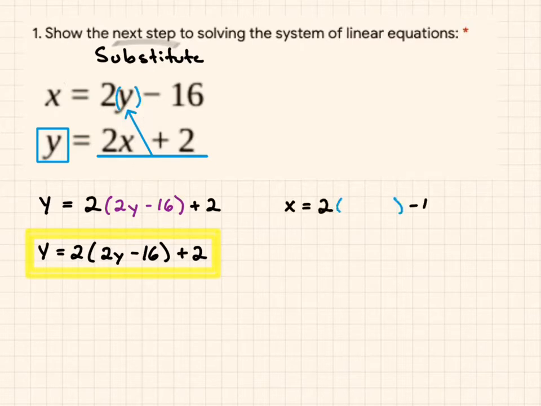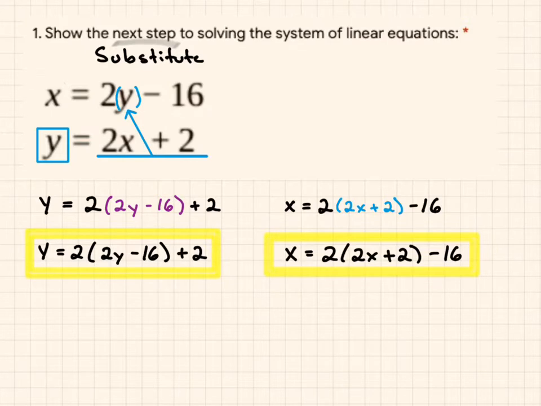I'd write out x equals 2 times, instead of y, I'm going to be writing 2x plus 2, and then minus 16. And then when I write that out, I get x equals 2 times the quantity 2x plus 2, minus 16. And both of those are possible answers to this.